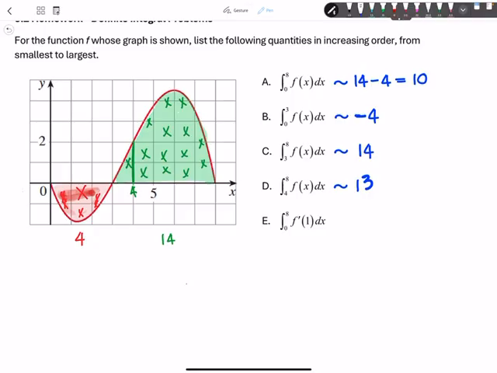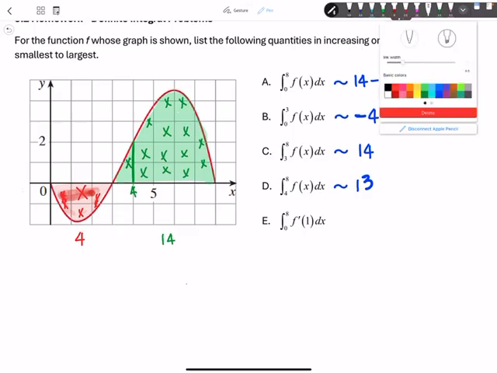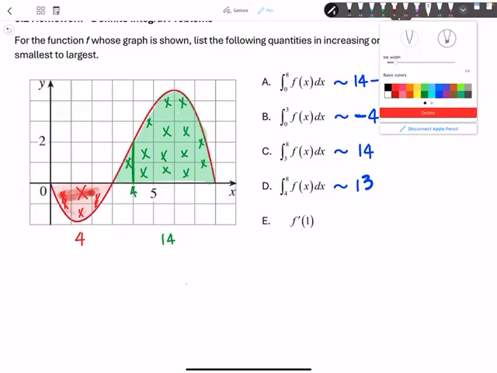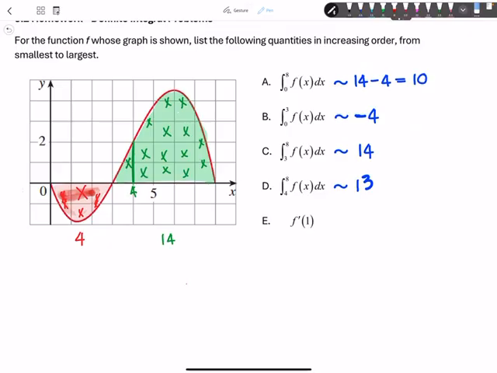13. And then finally, I apologize, I think I have a typo here. Let me fix that quickly. I think this problem was meant to say, this is not an integral, but simply a value for, more or less, what is f prime of 1?